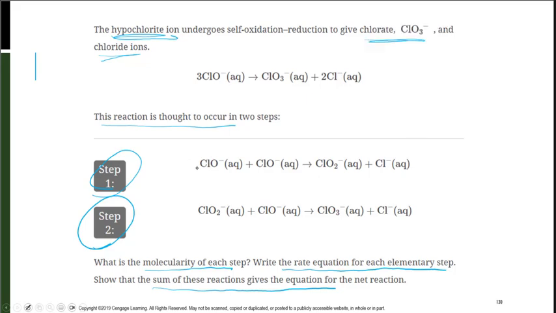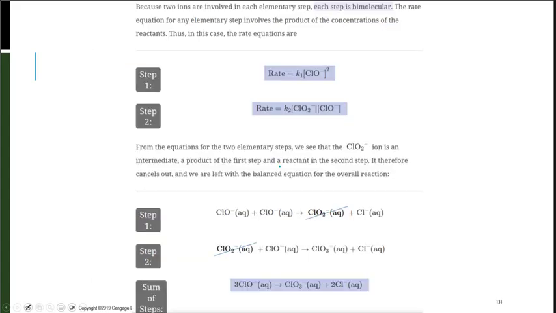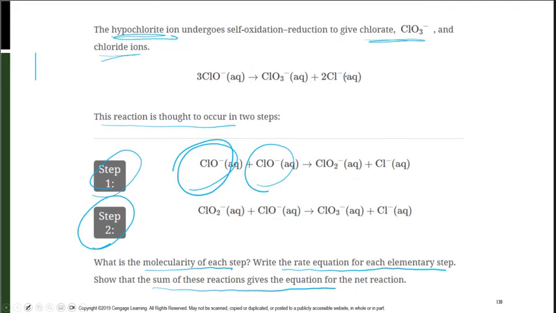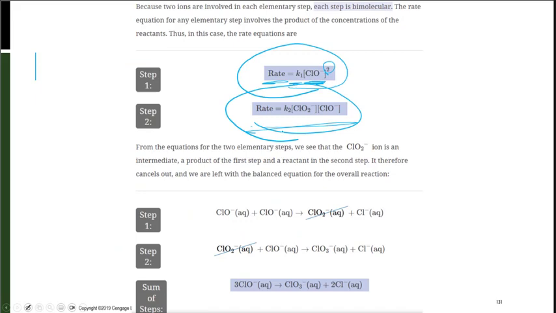For this first one, I would have the rate is equal to K times the concentration of ClO minus times the concentration of ClO minus, which you could then reduce or simplify and say rate is equal to K times the concentration of ClO minus squared. And for the second one, ClO2 minus times the concentration of ClO minus to give us the rate of that second step.